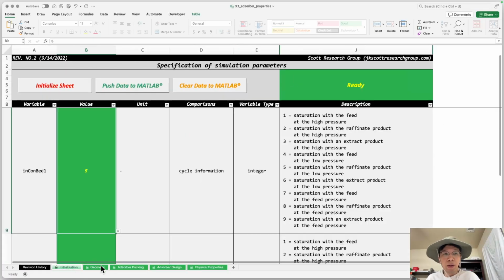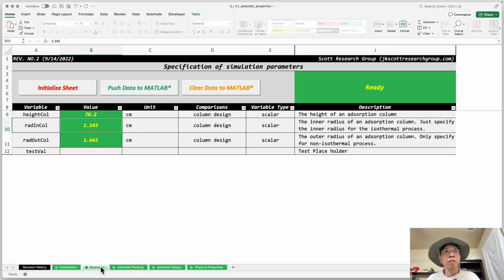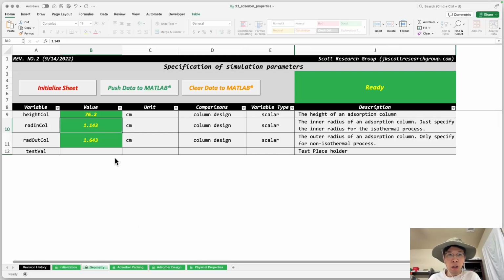But as I mentioned, designing the packed bed adsorption column is an art, and there's actually a golden book, the bread and butter, the golden standard, I guess the Bible of PSA, written by Dr. Farouk and Ruthven and Dr. Knaebel. Dr. Knaebel in particular is from Ohio State University, and he has a startup company.